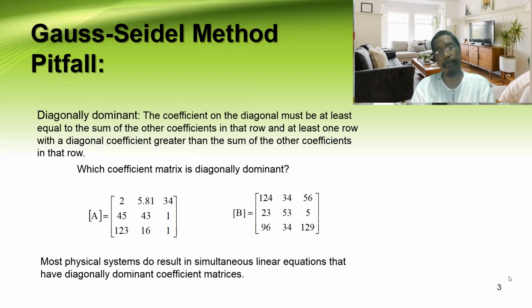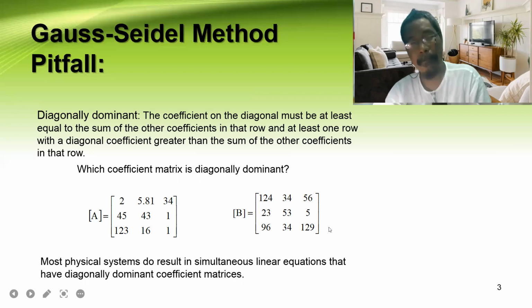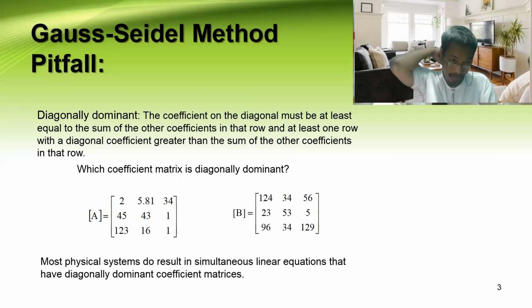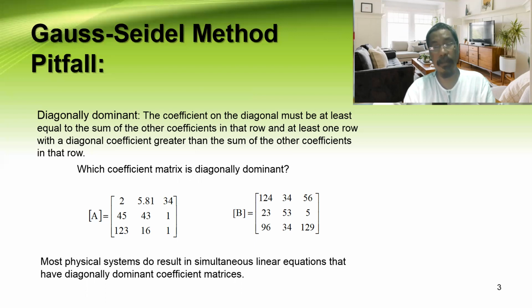The other is almost diagonally dominant, because if you add this one, this is 130, this 129. And at least one row with the diagonal coefficient greater than the sum of the others. So this is the diagonally dominant coefficient matrix.